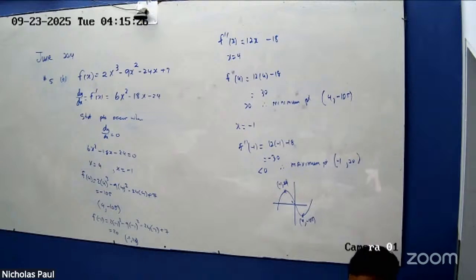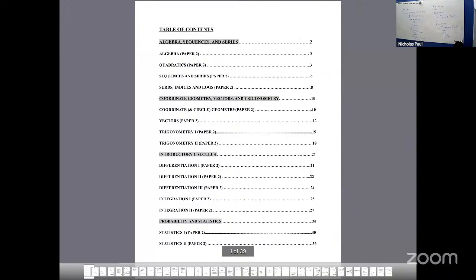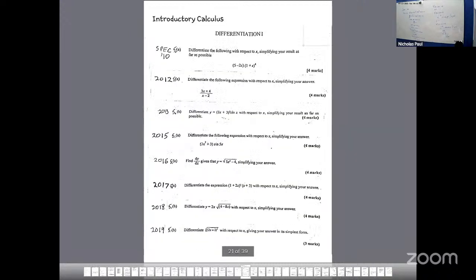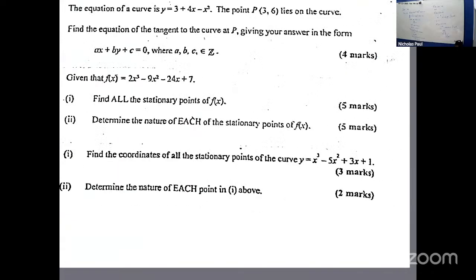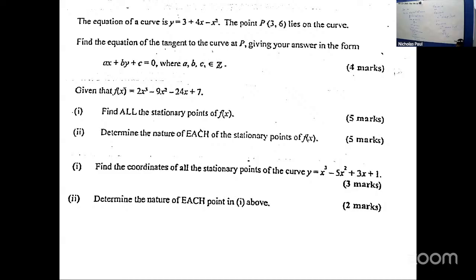Like some practice, right? Oh wait, they cut it off. Alright, look at that.